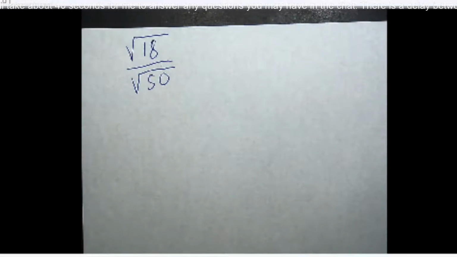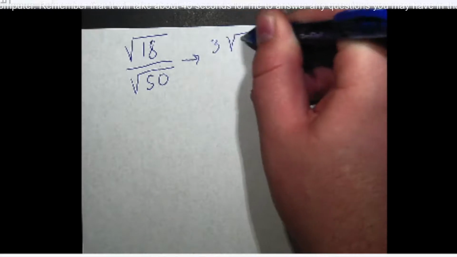Well, there are a few ways that I can go about doing this, and I'll do 2 of them. So the first way is something that we would be familiar with, and that's simplifying these, right? So 18 is 2 times 9. 9 is a perfect square of 3, so this would be 3 square roots of 2.